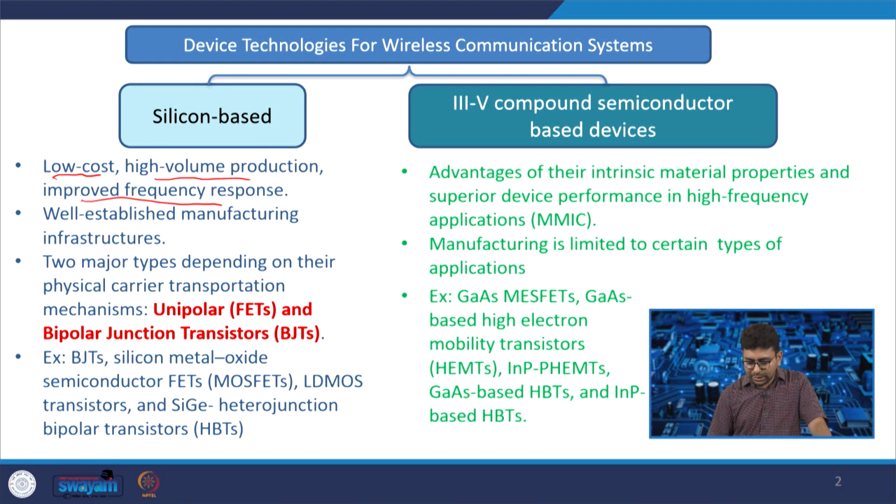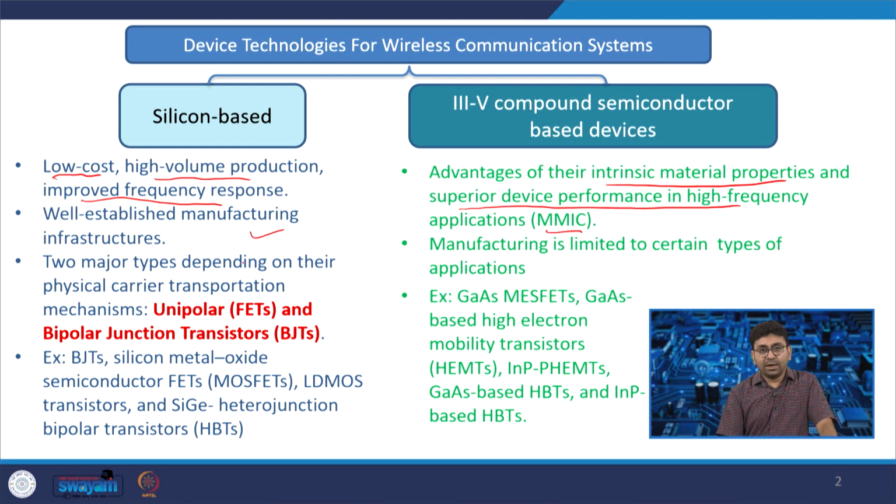However, the III-V compound semiconductor has the advantage of its intrinsic material property, because it is a wide band gap material, and the performance is superior in terms of power and voltages in high frequency application. So it is widely used in MMICs, while silicon based technology has a very well established manufacturing infrastructure.